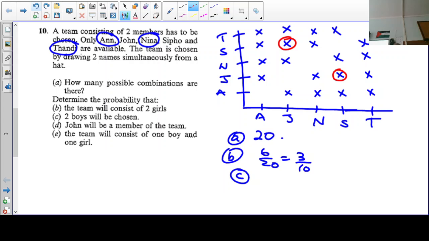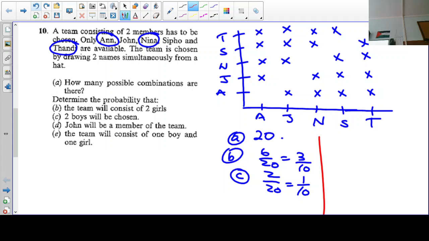So there are 2 options. Make sense, people? You can choose John first, then Sipo, or Sipo, then John. Which gives us how many there? It's 2 out of 20, which is 1 out of 10.